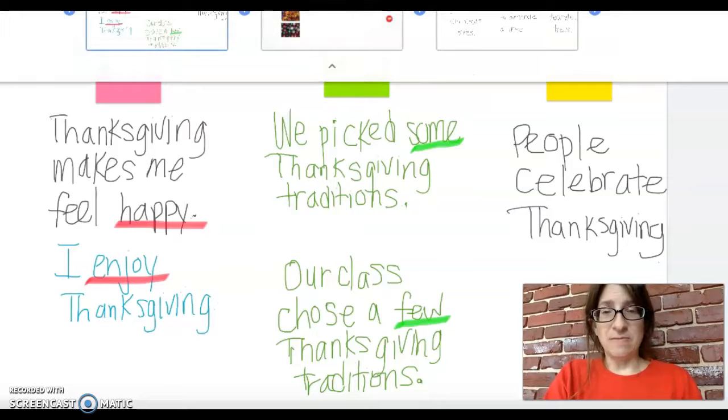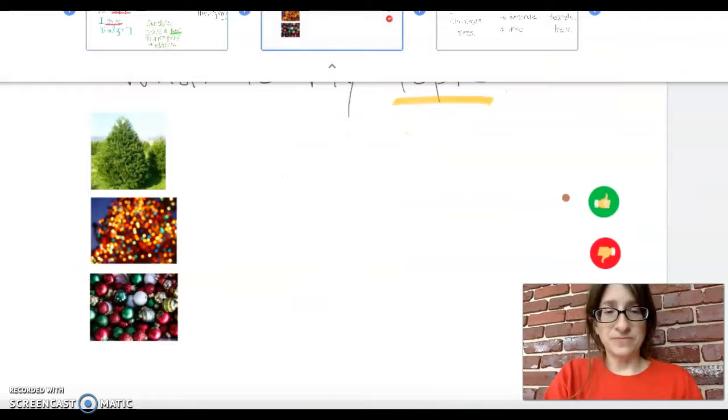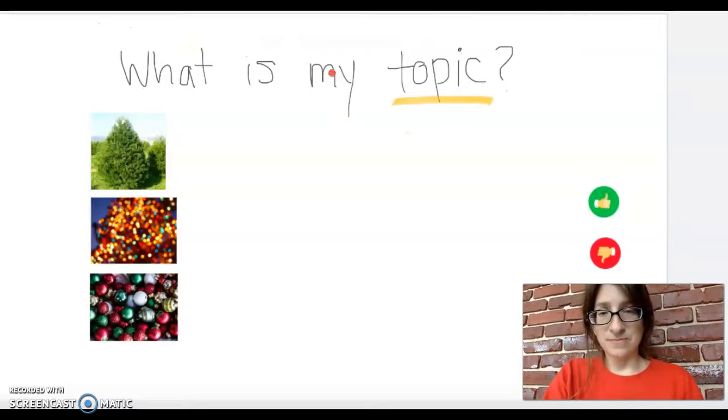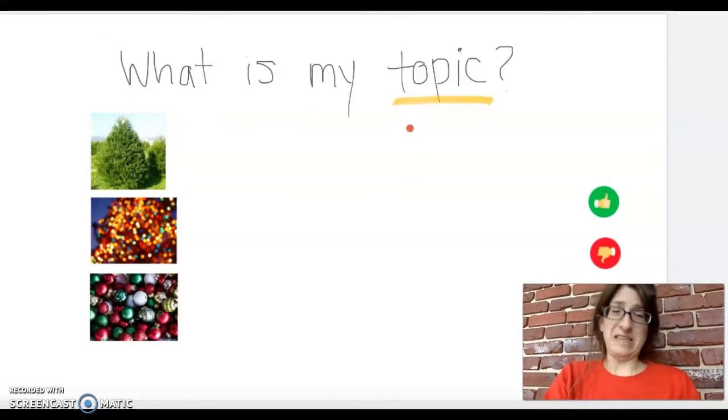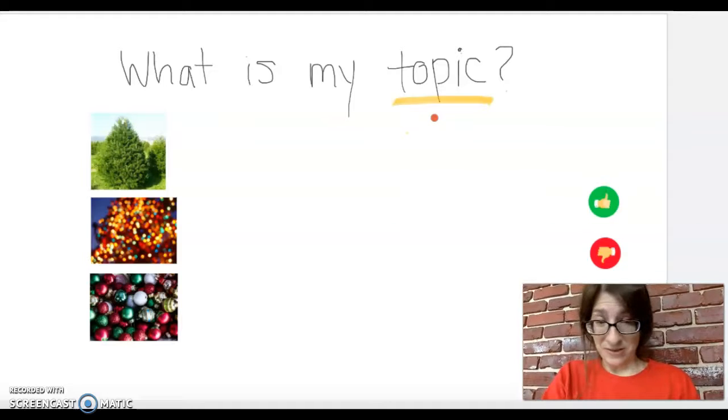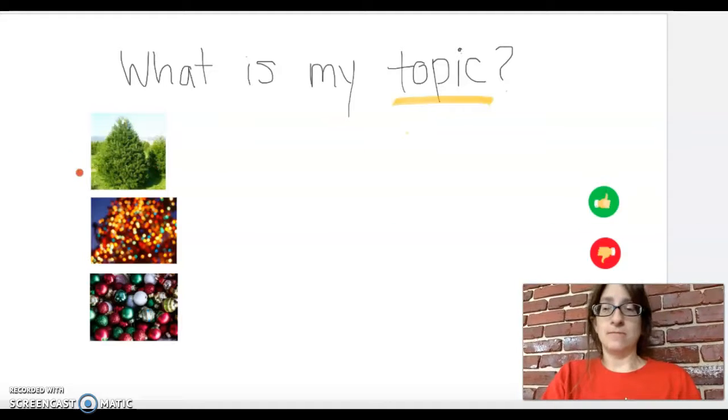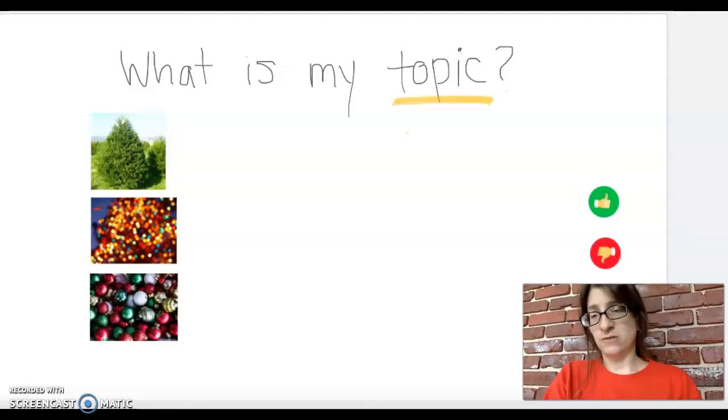Let's go to another example. So first we have to figure out, what is my topic? What am I really talking about? Maybe I have a sentence that deals with trees.